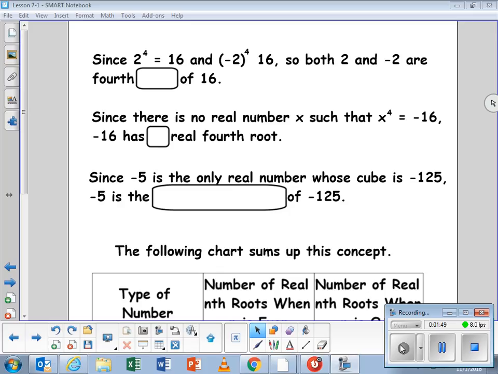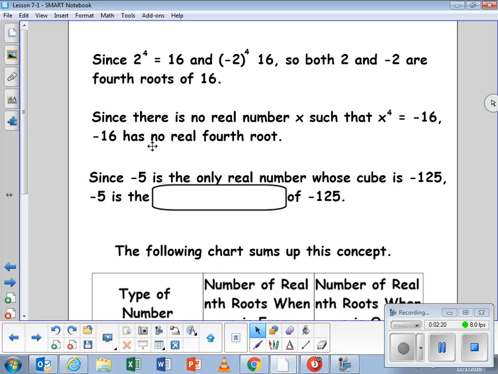Since 2 to the 4th is equal to 16, and negative 2 to the 4th is equal to 16, both 2 and negative 2 are 4th roots of 16. That's correct. Since there is no real number x such that x to the 4th equals negative 16, negative 16 has no real 4th roots.